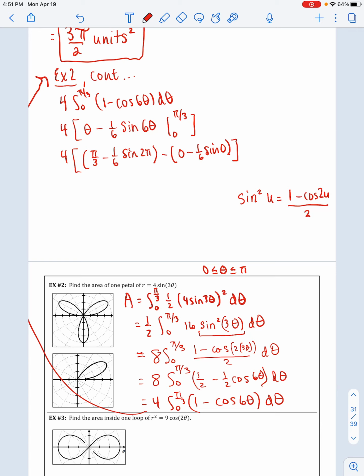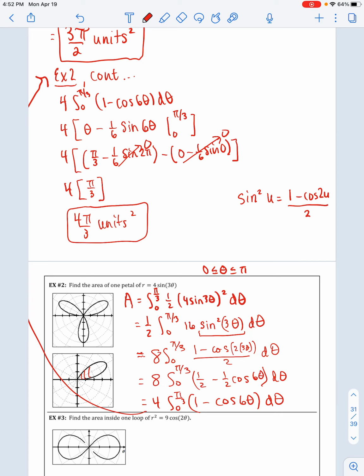Minus, and then this would be 0 minus 1/6 sine of 0. So 4 times, this one's going to 0. Of course, that whole thing goes to 0, giving me 4 pi over 3 units squared.